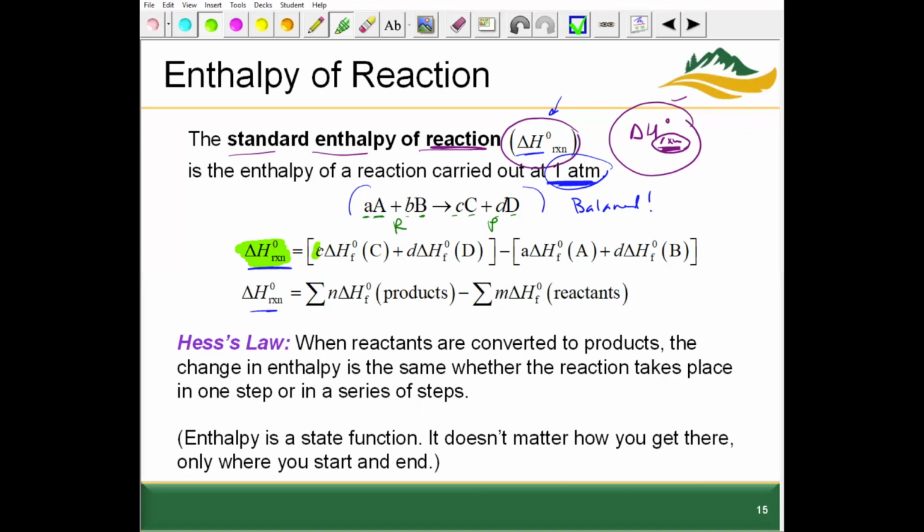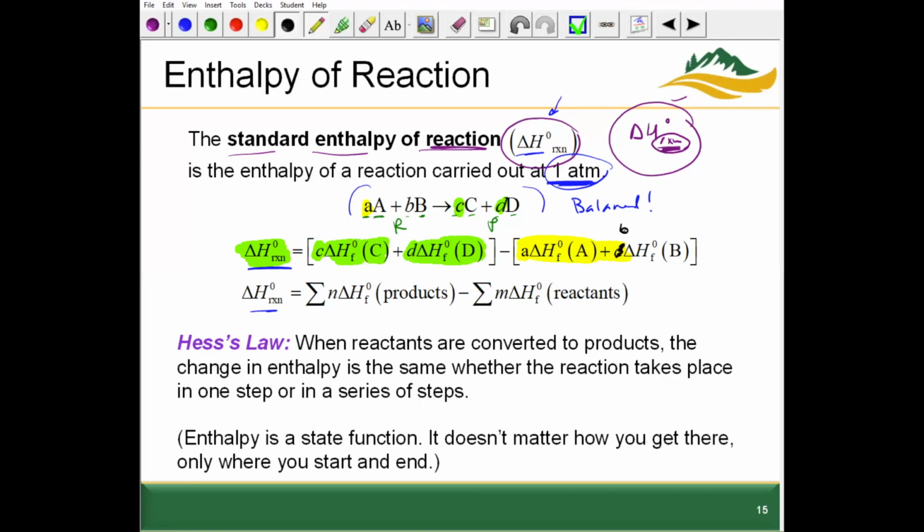We're going to take the molar coefficient out front for that product, then multiplied by the standard enthalpy of formation for that product C. That's going to be added to this molar coefficient out front for our second product, then times the standard enthalpy of formation for that second product D. This is subtracting now the molar coefficient of this reactant times the standard enthalpy of formation for this reactant, but plus then, wow, that is a bad typo.